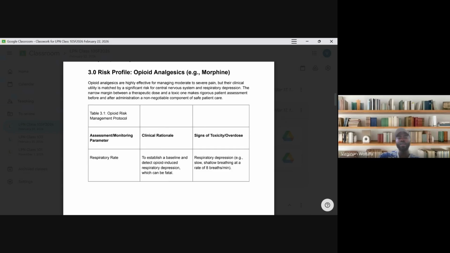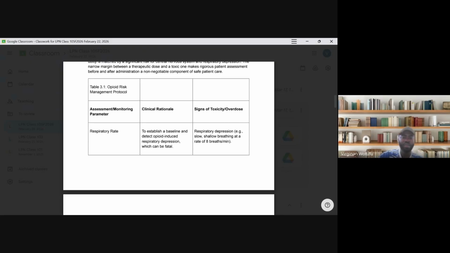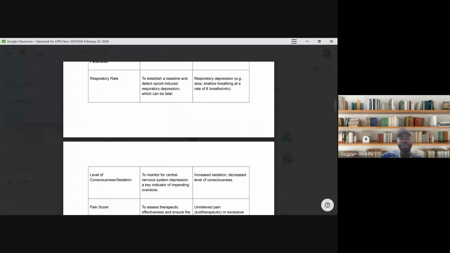So another key assessment in opioid analgesic administration is level of consciousness. This medication is used to treat moderate to severe pain, and it has a sedative effect, right? So during administration, you have to assess for level of consciousness and sedation.